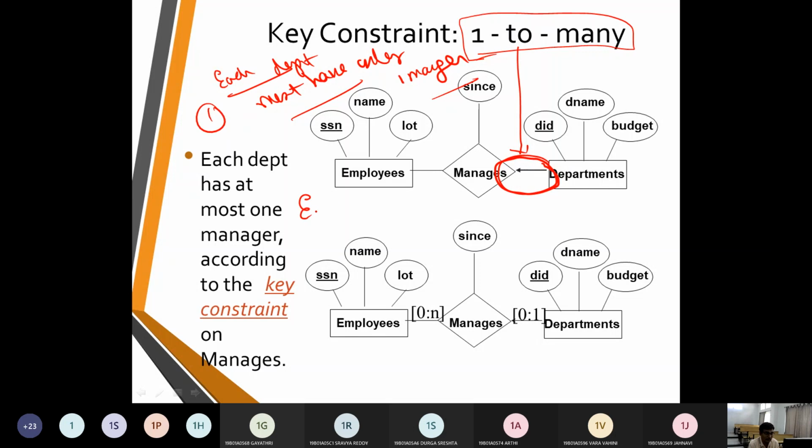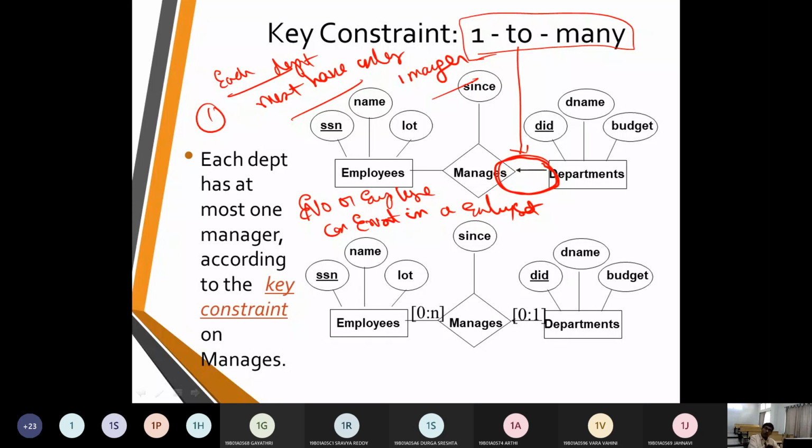Second one. The number of employees can vary in an entity set. Assume the CSC department is there. In this CSC department, we have 40 staff members. Then how many HODs are there?